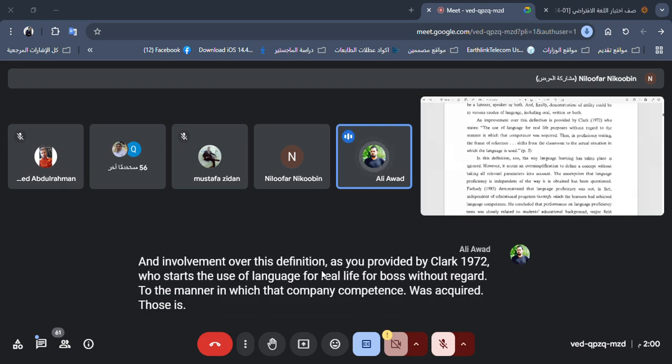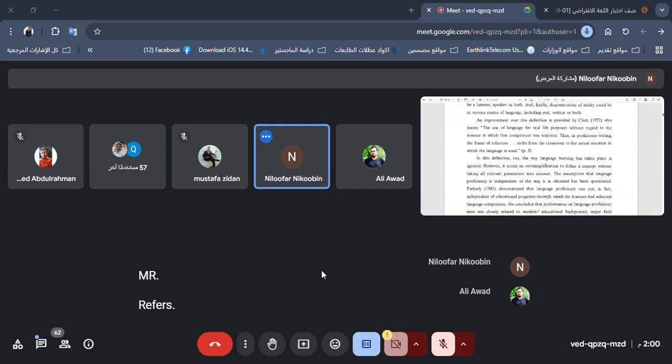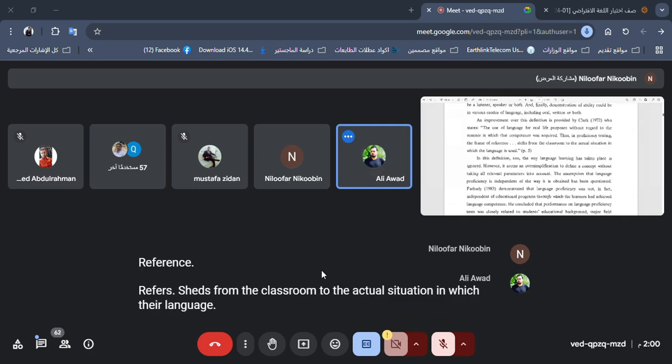Thus in proficiency testing the form of reference shifts from the classroom to the actual situation in which the language is used.